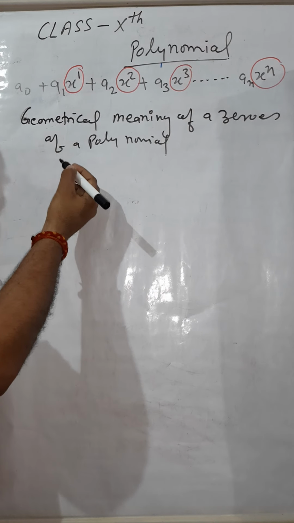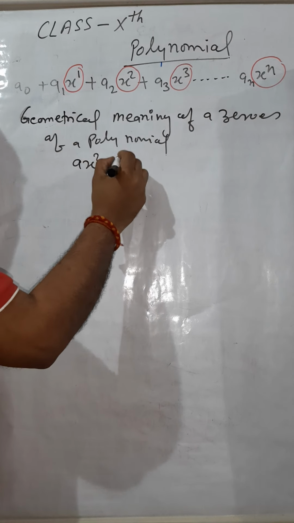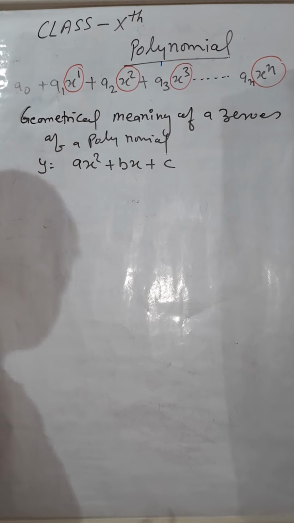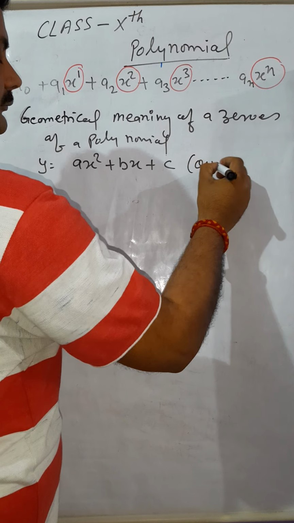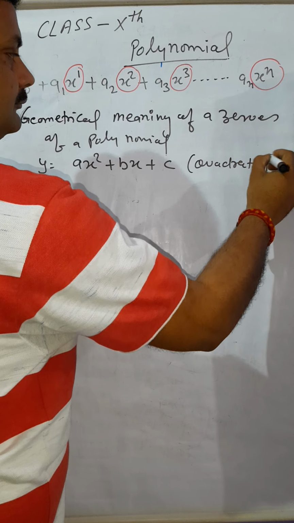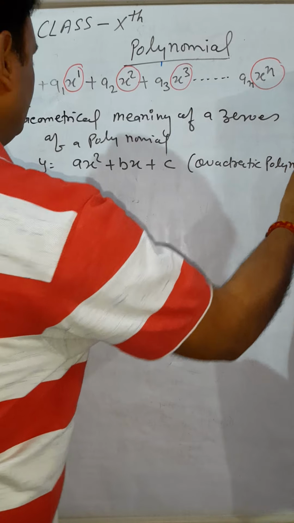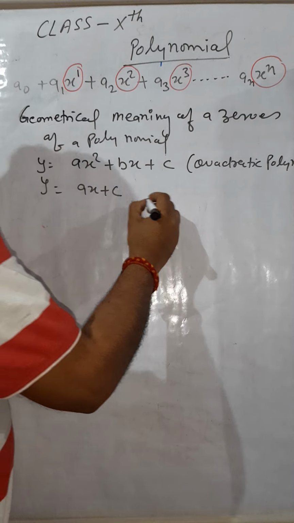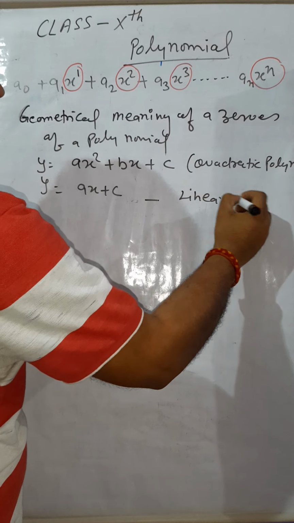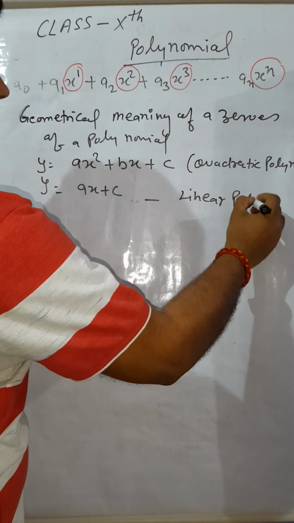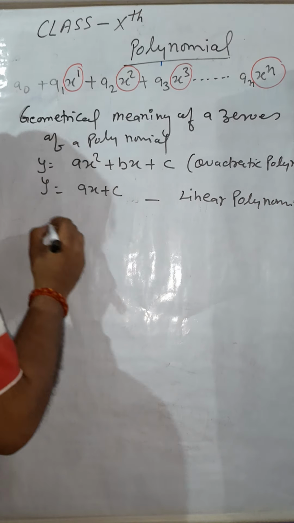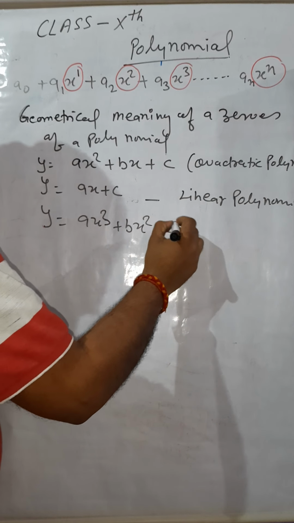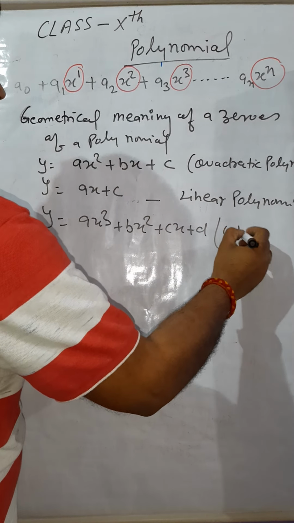So this is a quadratic polynomial, y is equal to ax square plus bx plus c. Y is equal to ax plus b is a linear polynomial. Y is equal to ax cube plus bx square plus cx plus d is a cubic polynomial.